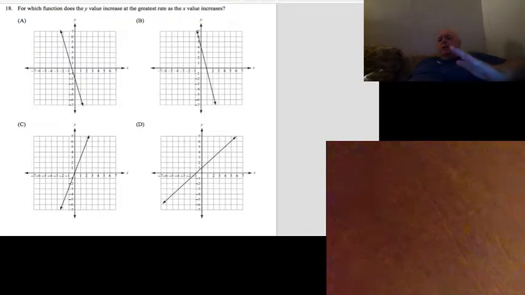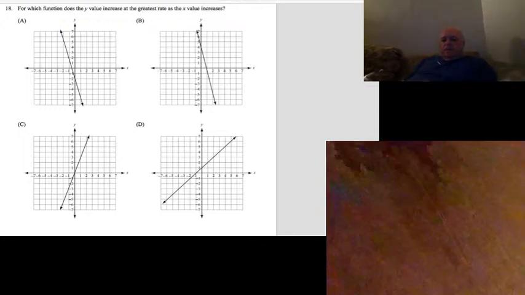Because we can take the direction it's going between C and D and bend it even more to try to be horizontal. But that would mean for every x, y would barely be moving the closer it got to being horizontal. So as it gets to be more vertical, for every x, the faster y moves.